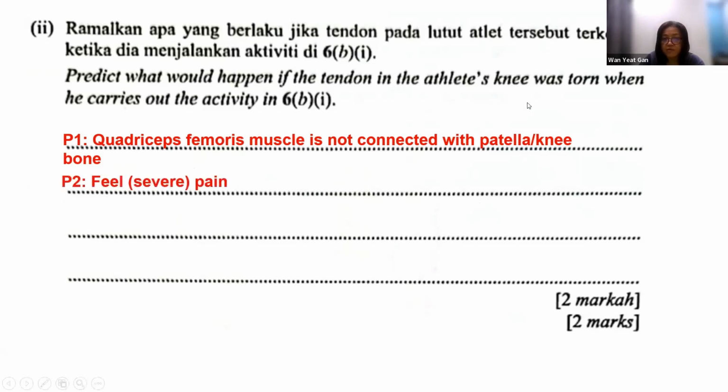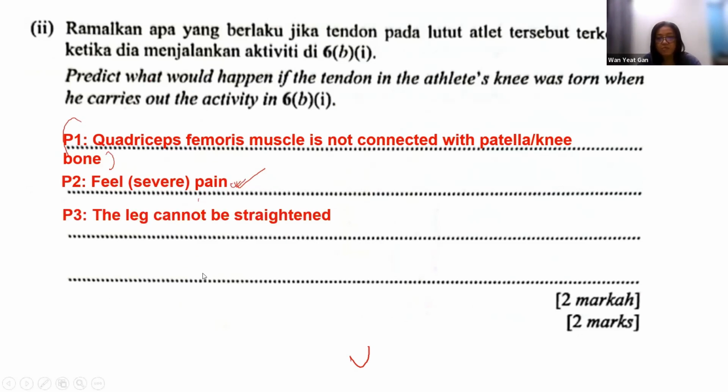So the person will feel severe pain. They ask you to predict what would happen if his tendon is torn, so you are supposed to predict. So the first thing is, this is the effect here. This is what will happen to the person. He will feel pain. His leg cannot be straightened anymore because the muscle is no longer attaching to the bone.